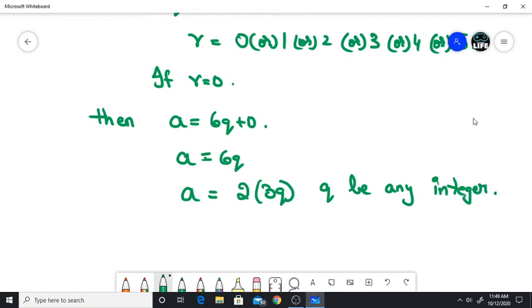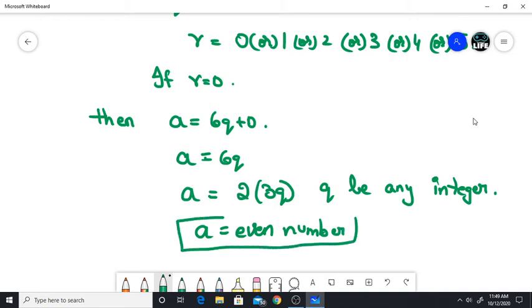I have already told you any number multiplied with 2 gives you an even number. We know this. So a equals an even number. Mark it as equation 1.